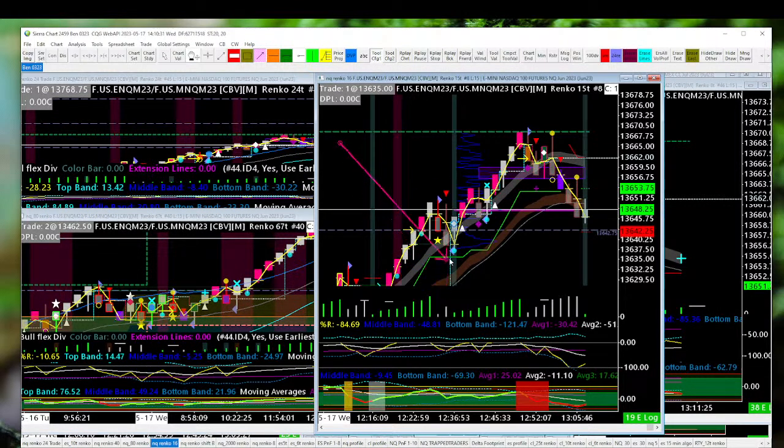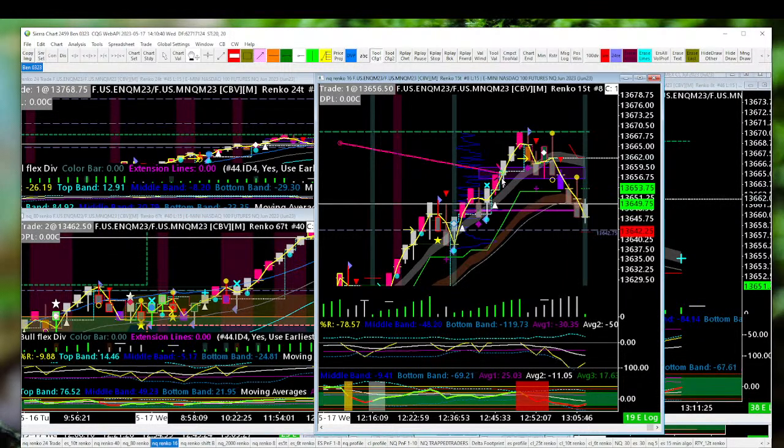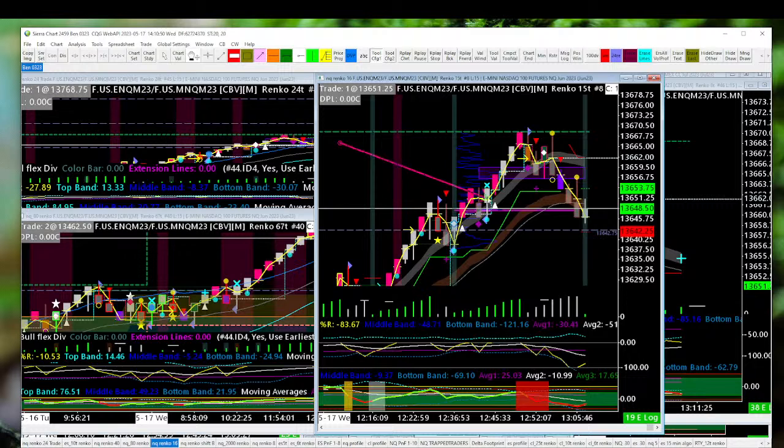Now, if you look at this dotted line here, that is a time-based, what's it called? It's a developing volume point of control. So you can see that it shifts with price as the bars close and really as the volume develops higher.